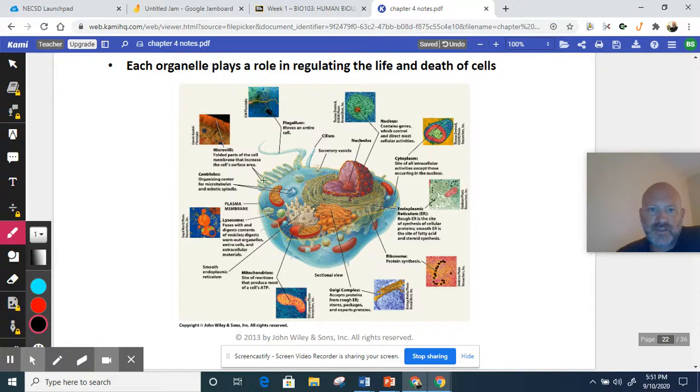All right, so this is the picture of a typical animal cell. And we talked about the cytoplasm. We talked about the cell membrane. And that's really about it so far.